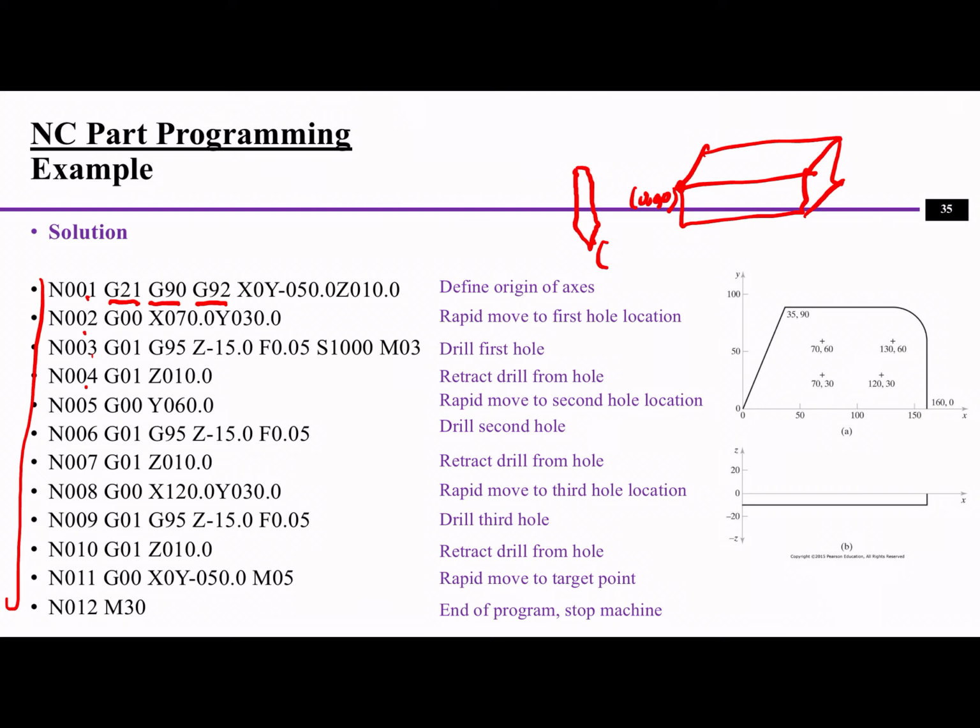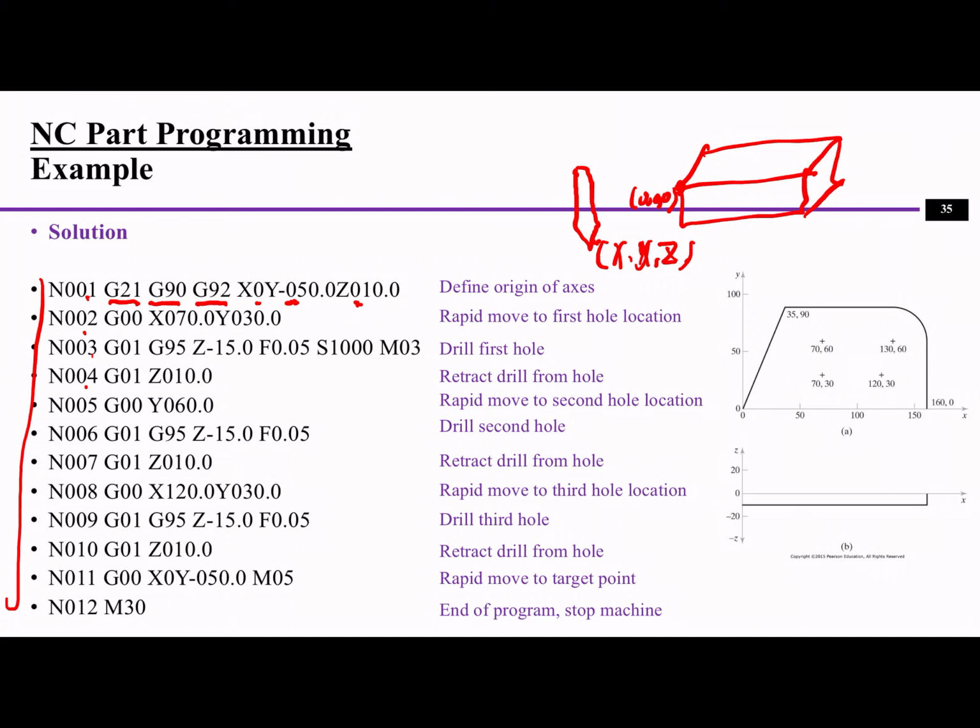If I can define what x, y, and z are here, then I will know where the origin point is. So the current cutting tool is at x0, y minus 50, z 10. Remember, why do we have this 0 in 50.0? It's because we are reserving one digit for 3 digits of numbers.